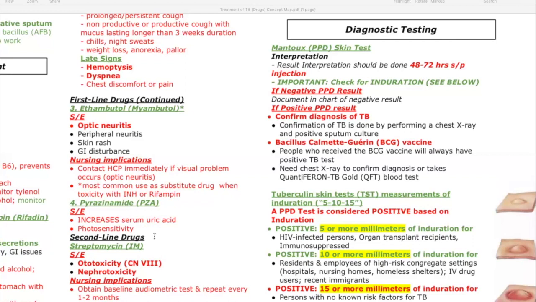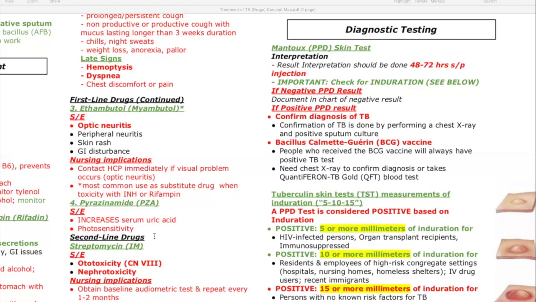If a nurse is suspected to have tuberculosis, then they would just need an induration of 10 millimeters or more to be considered positive for TB. Other types of people in this category also include people in homeless shelters or nursing homes, or basically anybody who is in an environment where they are susceptible to TB.